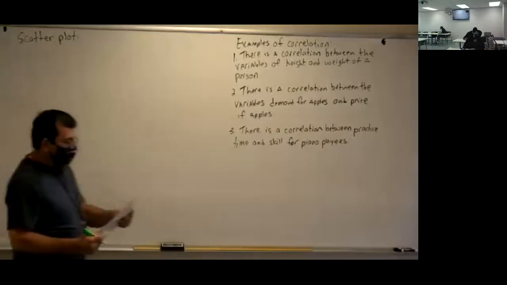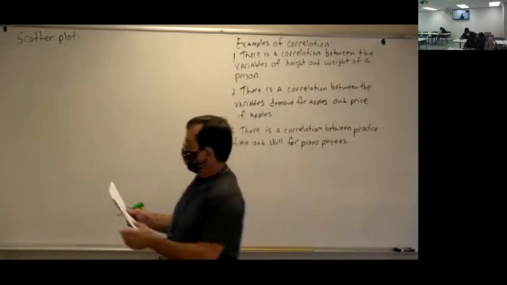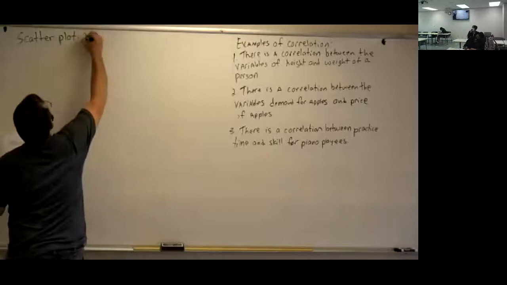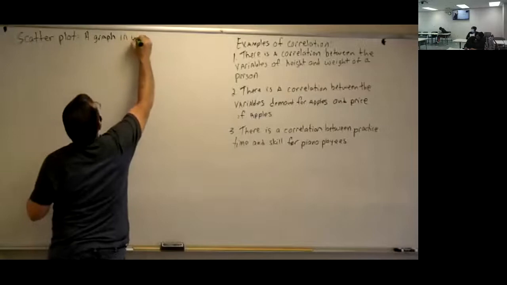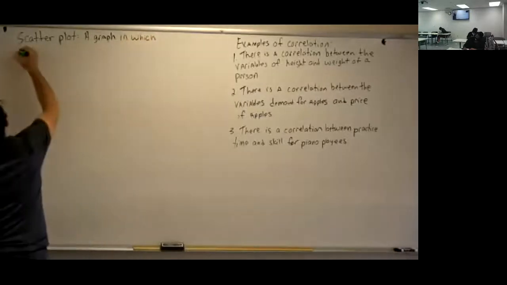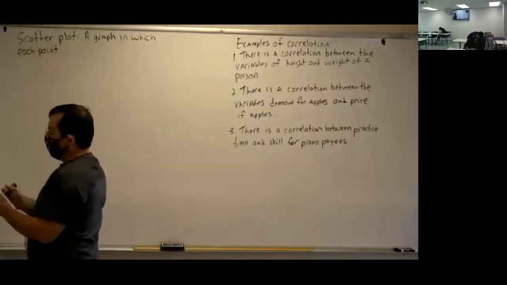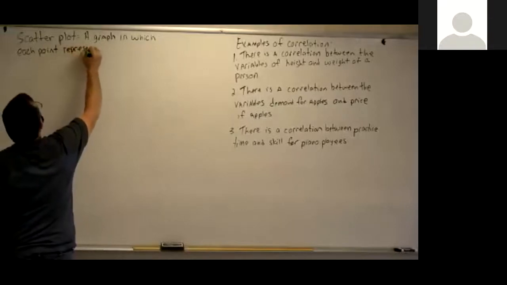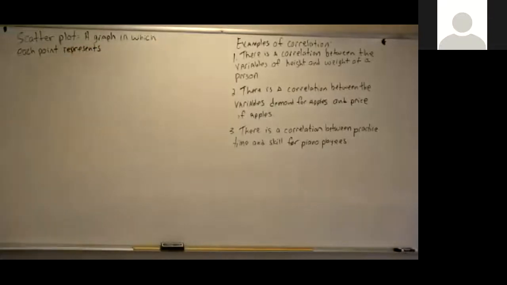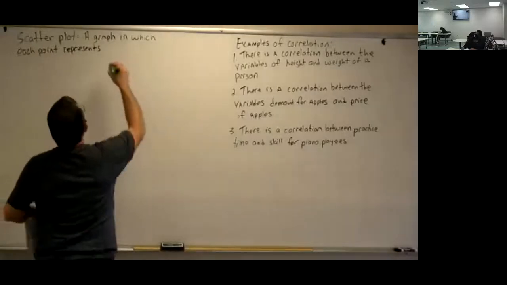All right, so a scatter plot is a graph in which each point represents the values of two variables.